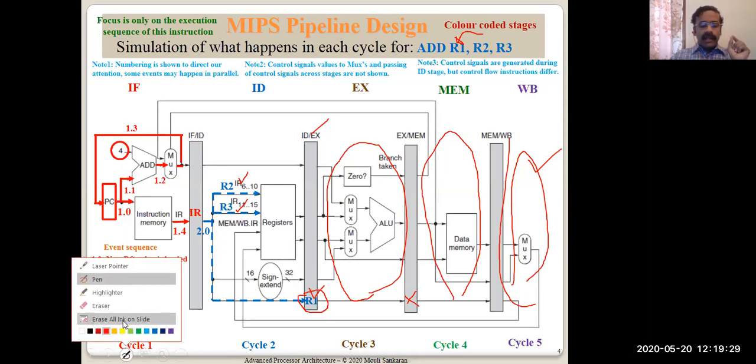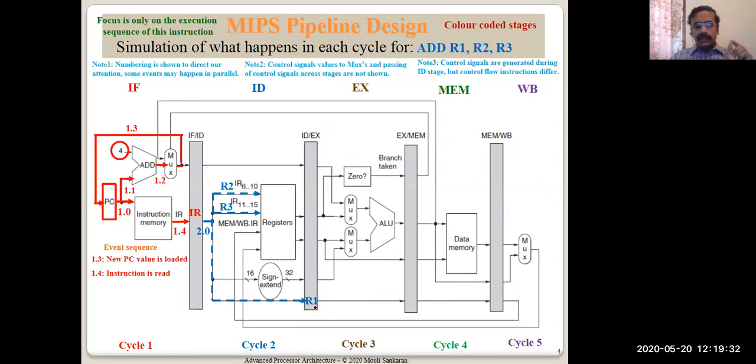So it has to be passed stage by stage. Though the signal lines are shown like a continuous line, don't think that the signal R1 will go through the complete path during this cycle. It will go here and stop. It is latched, R1. Remember one thing: it is not passing the value of R1. If it had to pass the value in R1, it would have been taken from here. We are not interested in knowing the value of R1 because we want to write into R1 at the write back stage.